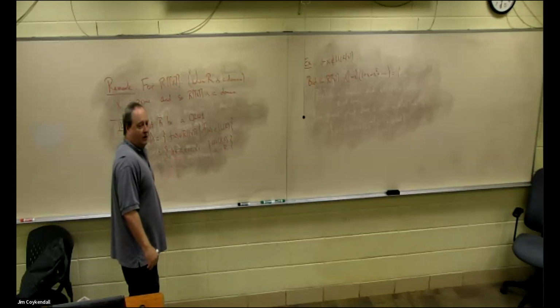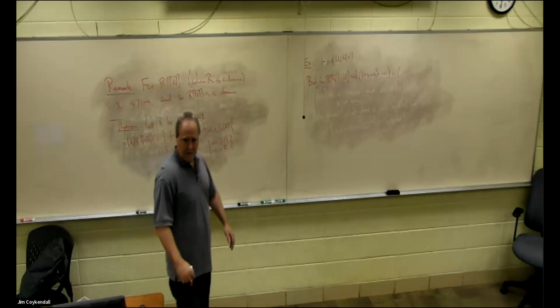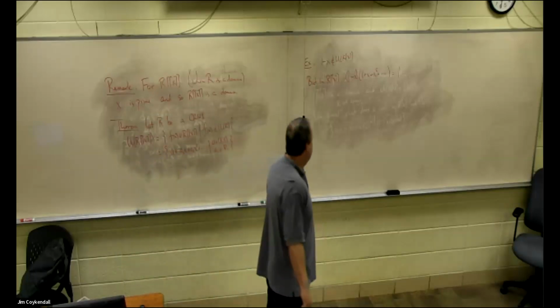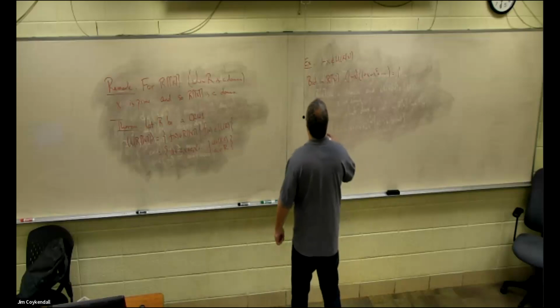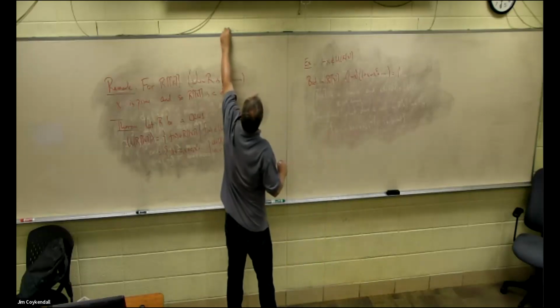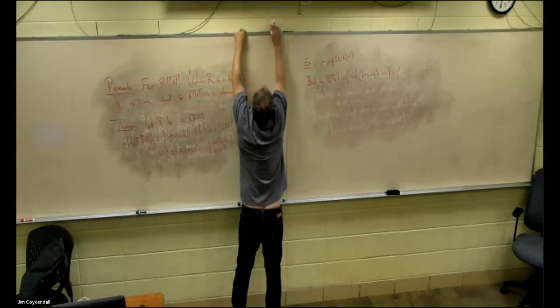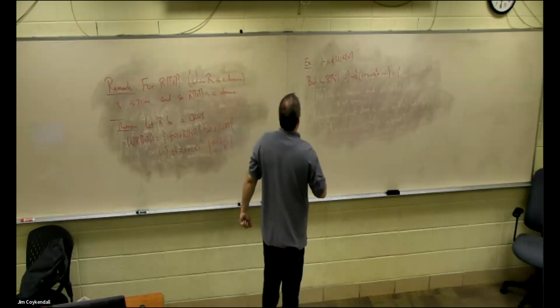Why is anything that looks like this a unit is a kind of interesting proposition. I'm not going to give a formal proof, but I'm going to do something a little bit fast and loose, but hopefully it will give you the idea.